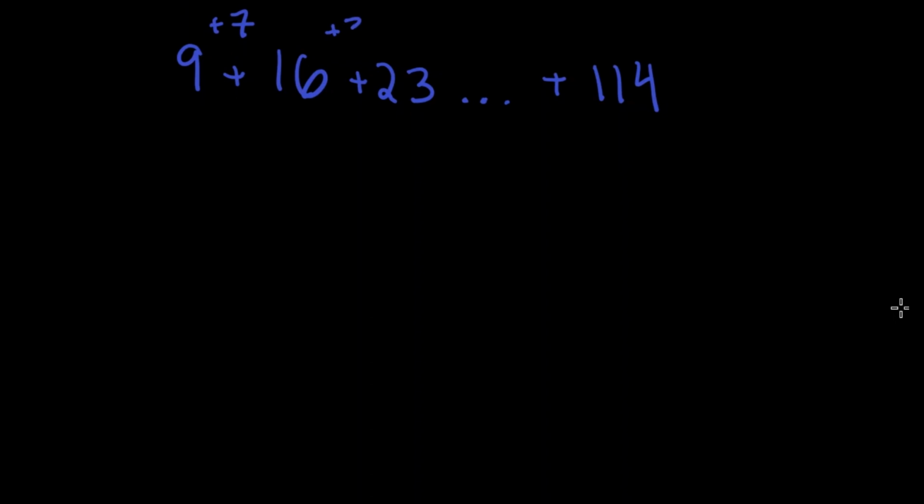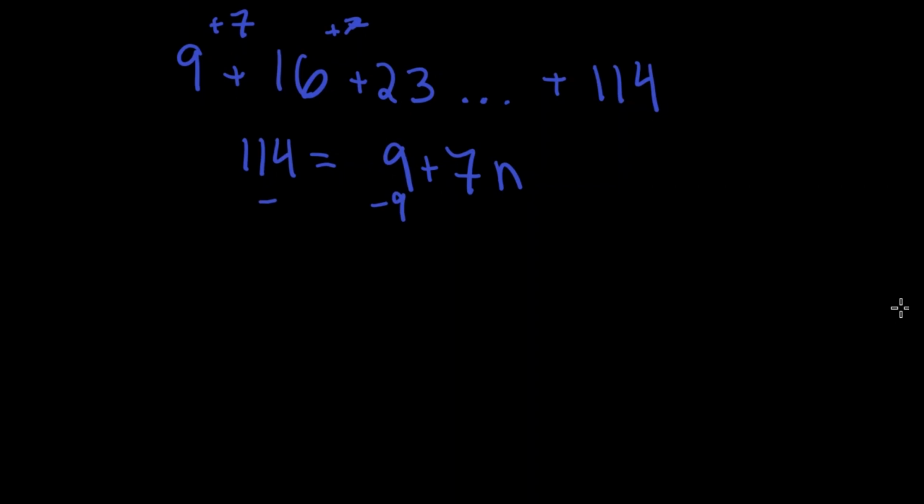So therefore, we understand that we're adding 7 to 9 some amount of times till we get to 114. However, we don't know how many times we're going to be adding 7 to 9, so we're going to solve for n.